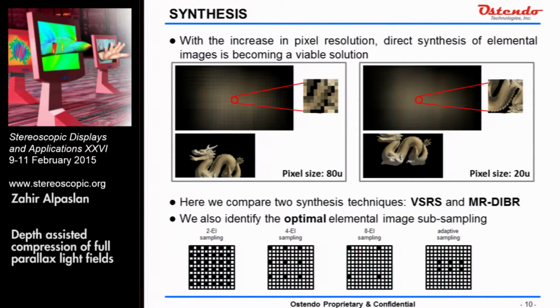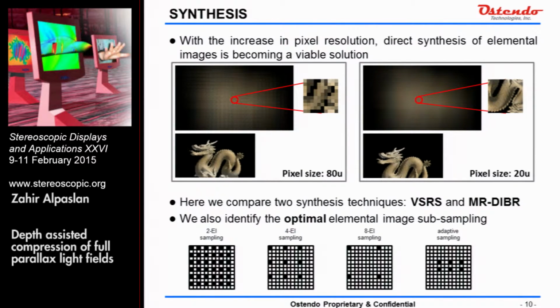But now we are seeing displays that have even higher pixel resolution, a higher pixel pitch, a smaller pixel size. With that, we have a higher resolution of the elemental images, and now it could start to make sense to use the DIBR to reconstruct the light fields. And that's what we're going to show: with this resolution, we can apply our DIBR reconstruction.